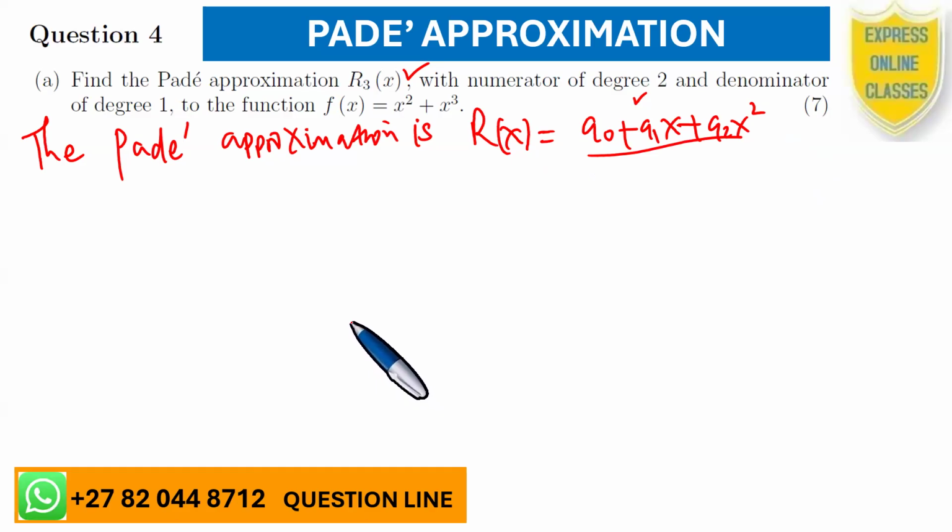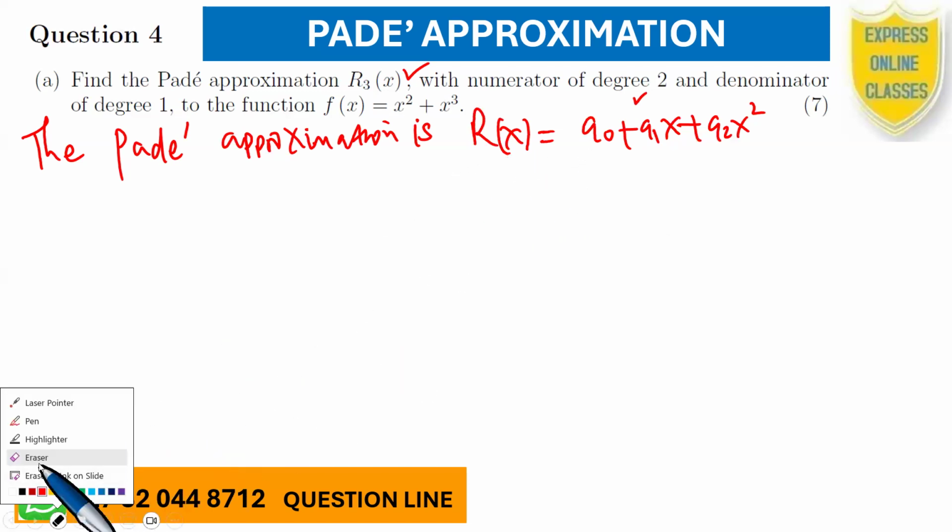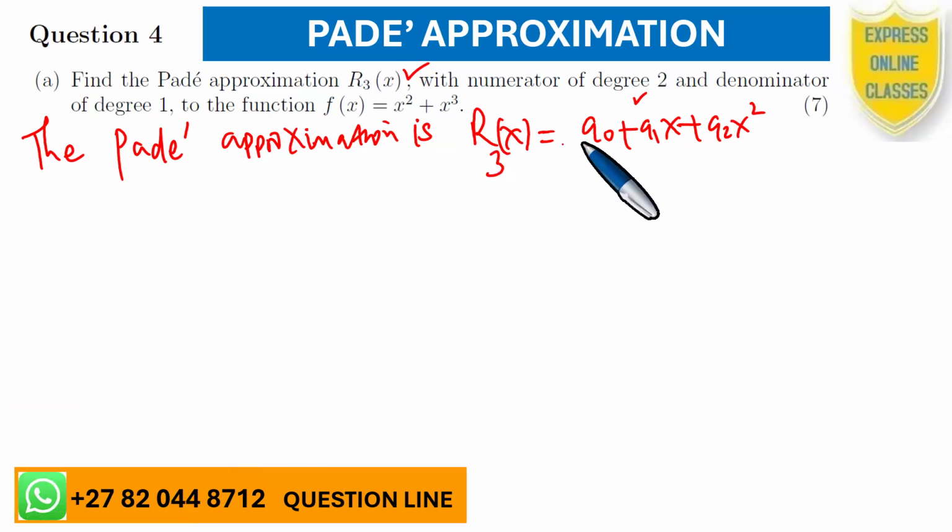We continue. Okay, let us check this one. So you're going to have that R3. You can write here R3 of x, which is divided by the following.